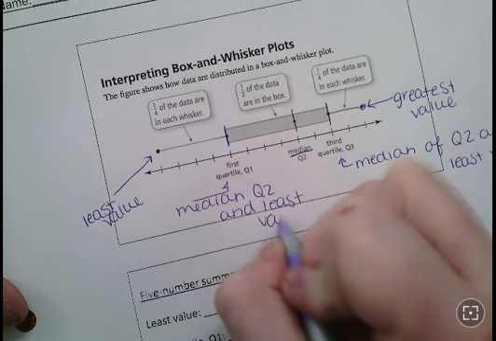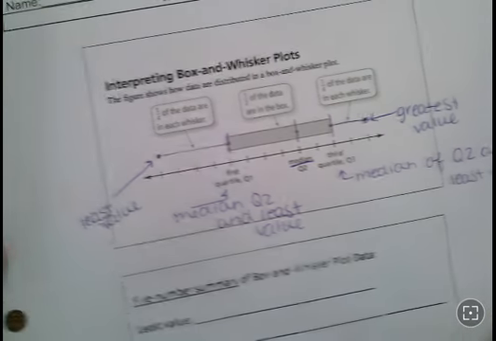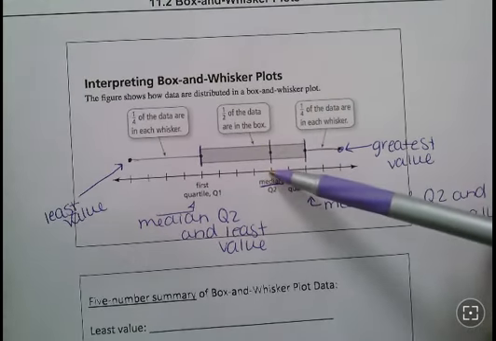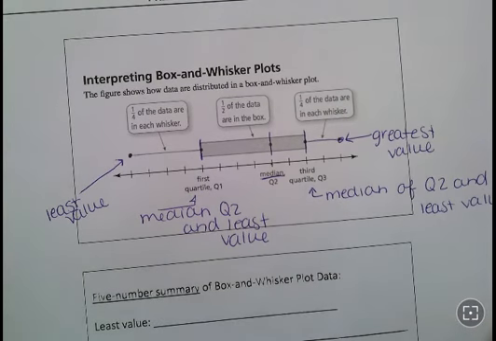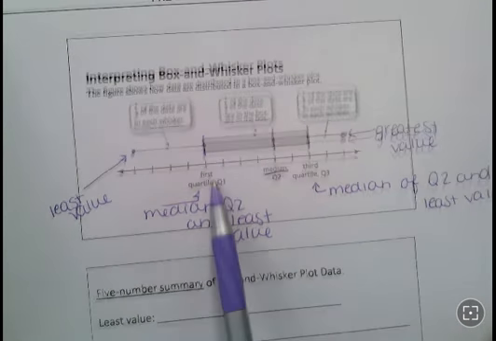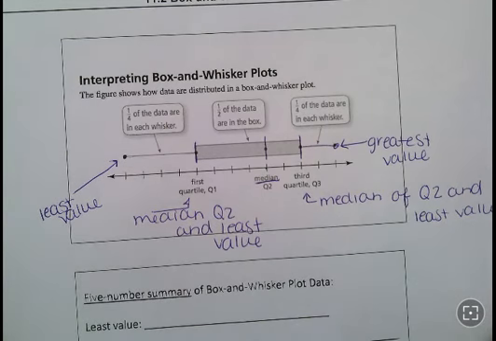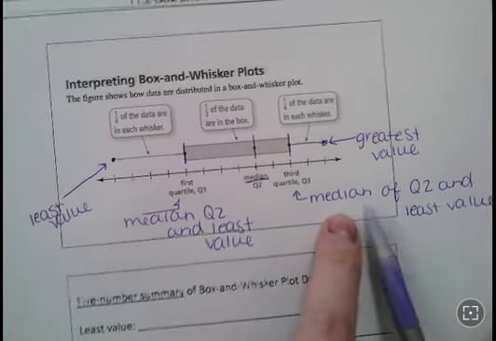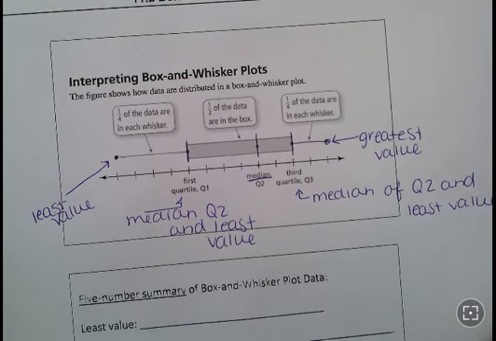Basically what you do is take your data and divide it in half, you find the median. Then you look only at the first half and find half of the first half, that's your Q1. Then you look at the second half of your data and find the half of that half, and that is your Q3. I will show you how to do that in an example later.